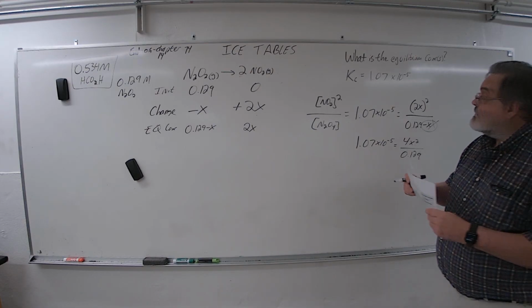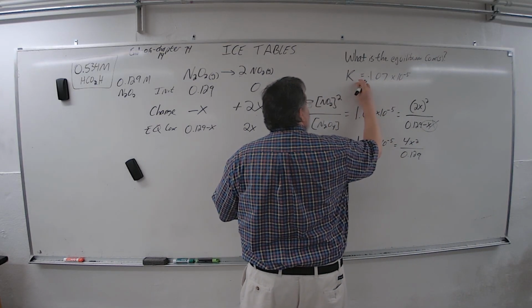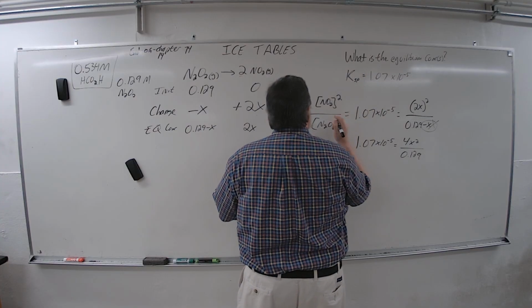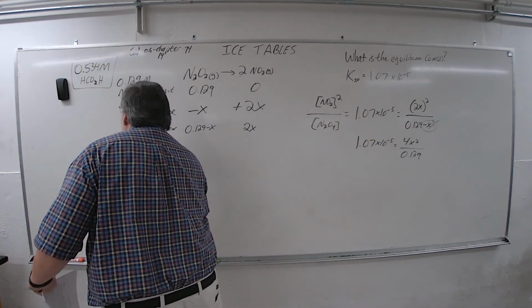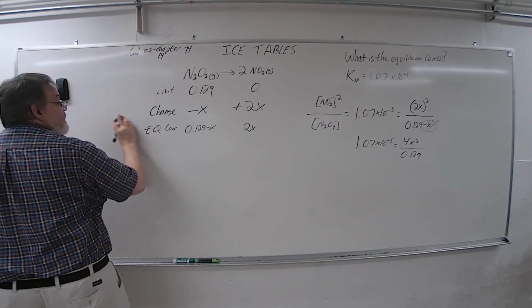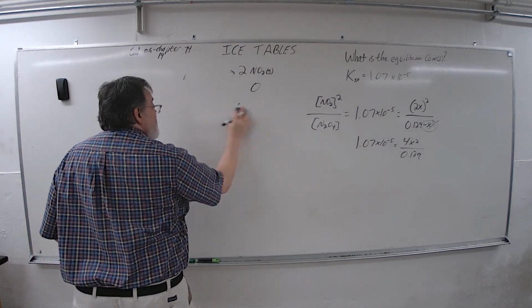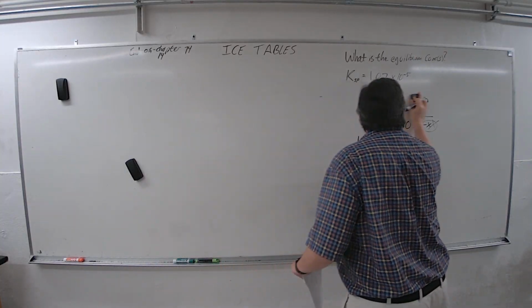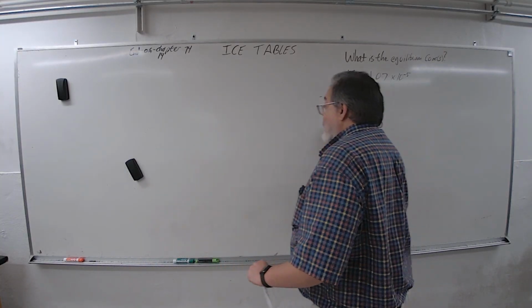Now we're going to talk about something called the KC, KSP. SP just means solubility product. But it's the same idea that we've been working on before. We build our equation the same way.